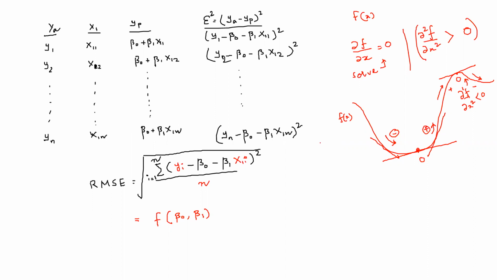So if I have to now minimize my RMSE score with respect to beta 0 and beta 1, what will I do?